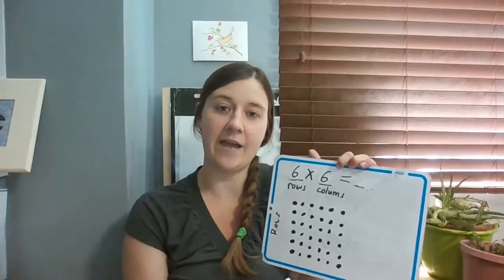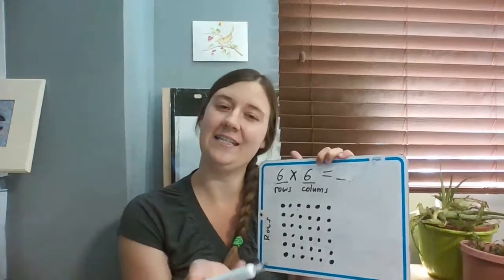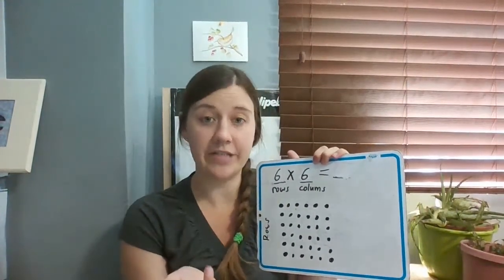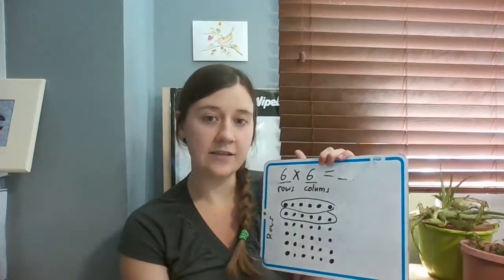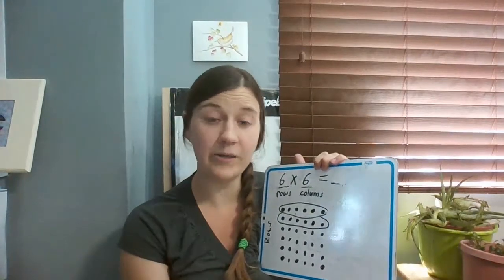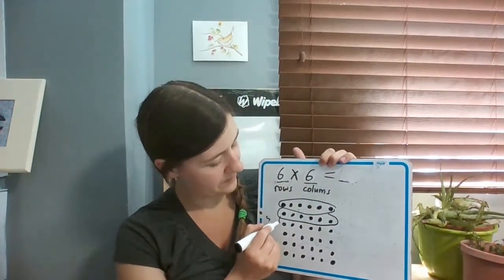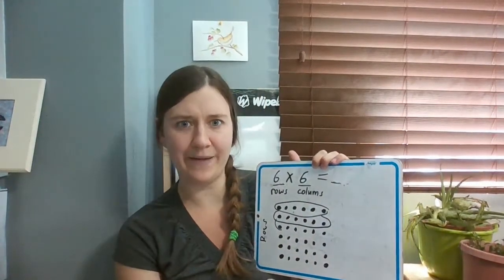Now we can take our time and we can count them. 6 plus 6. Well, you know your doubles. 6 plus 6 equals 12. And now we can just count. 12, 11, I'm counting backwards.